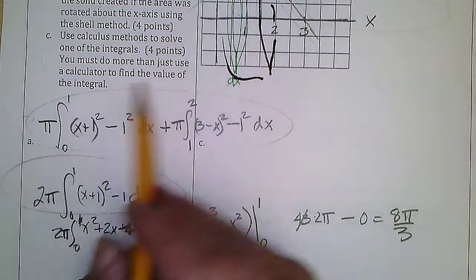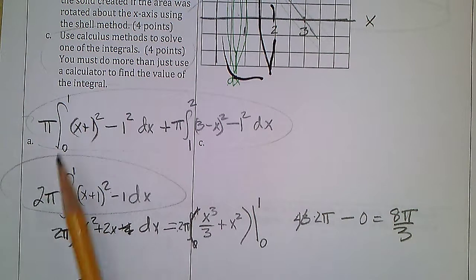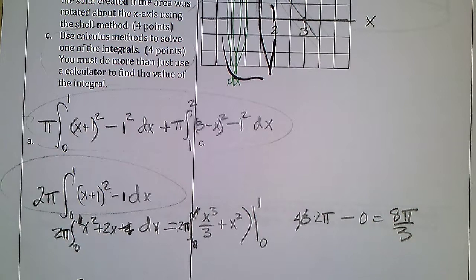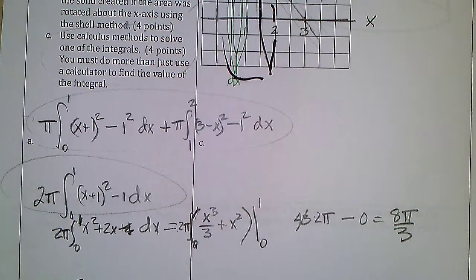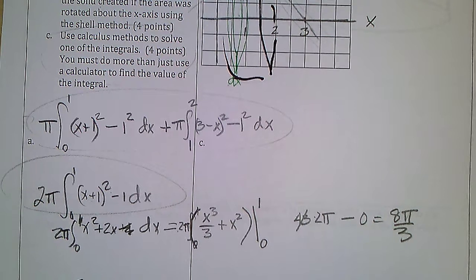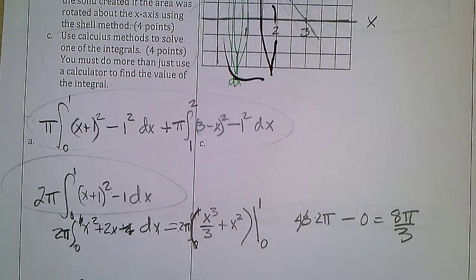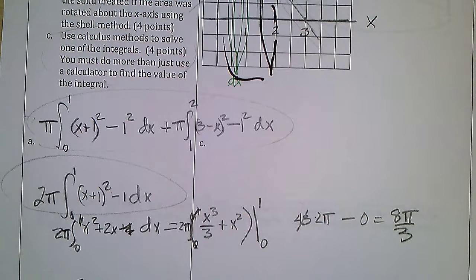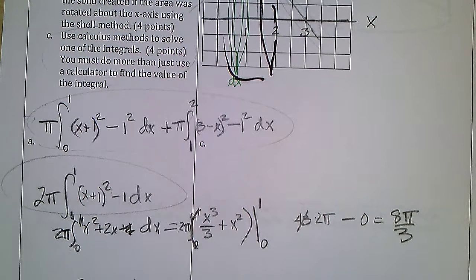And then C says use calculus methods to either solve this one or this one. Well, I did this one, but I'm going to do this one too, just to make sure I get the same answer. I wouldn't do both of them on the test because you wouldn't have time. From 1 to 2. So 3 minus y, so that's minus 2y's. And 3 minus a minus 1 is 4.